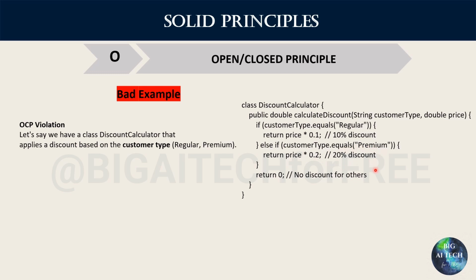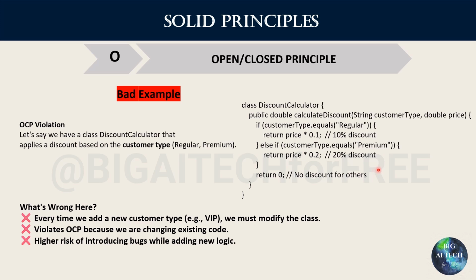So what do you see wrong here? It seems good to me looking at it. No, I'll tell you what is wrong here. Every time we need to add a new customer type, we need to change this class. For example, if in future a VIP customer or super VIP customer comes, then we have to modify that class, adding that if the customer type equals VIP, apply a price discount of 30%, something like that.